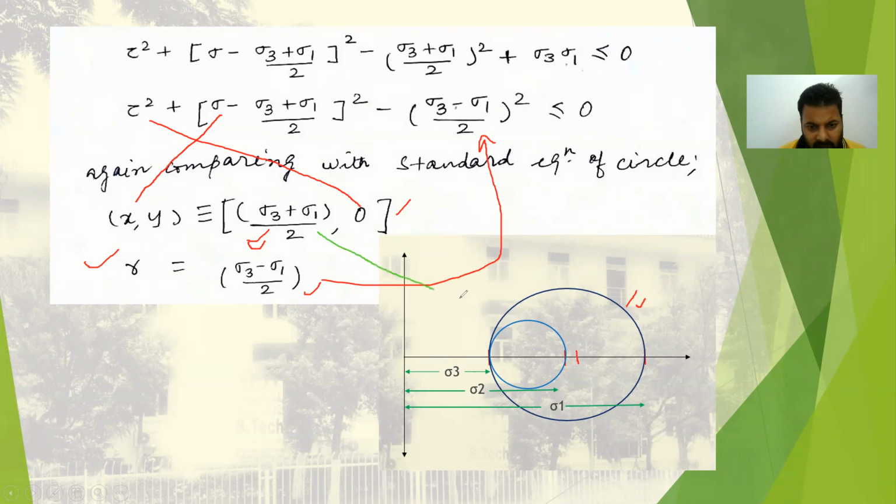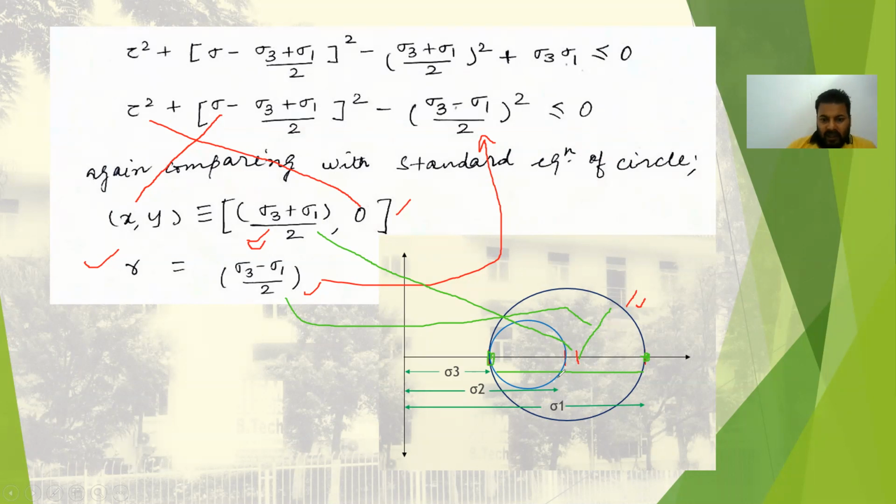The center is equal to sigma 3 plus sigma 1 by 2, and this radius is equal to sigma 3 minus sigma 1 by 2. Since this is sigma 1 and this one is sigma 3, the radius is equal to sigma 3 minus sigma 1, and this has been subtracted so that this is the radius.